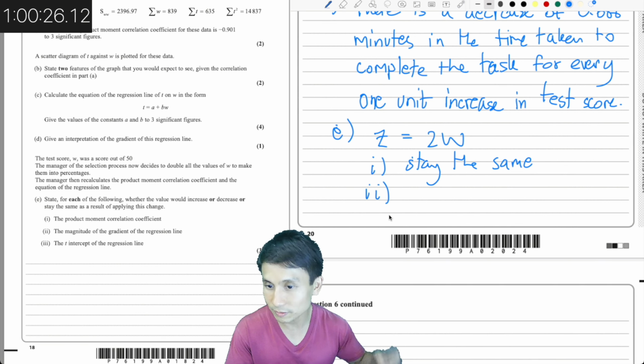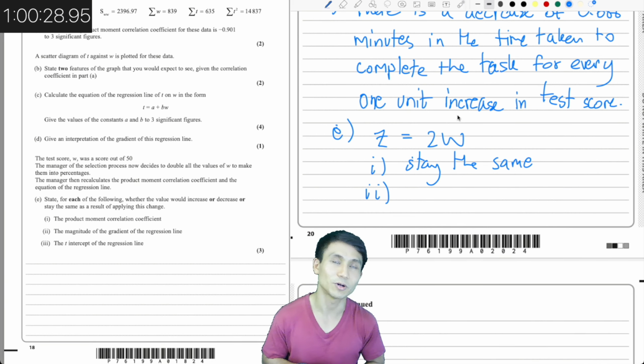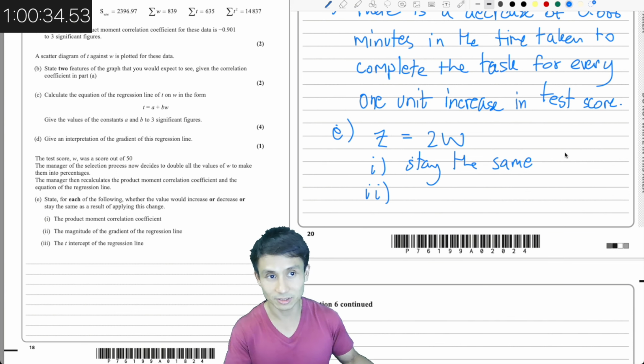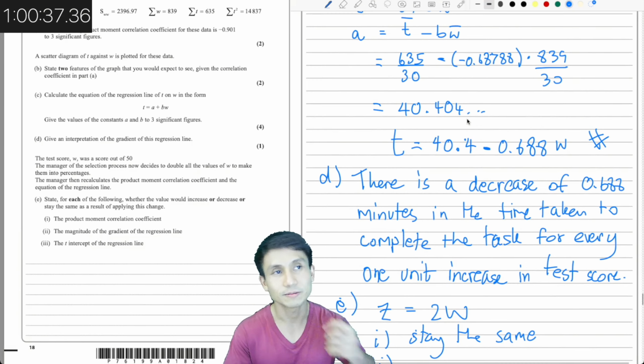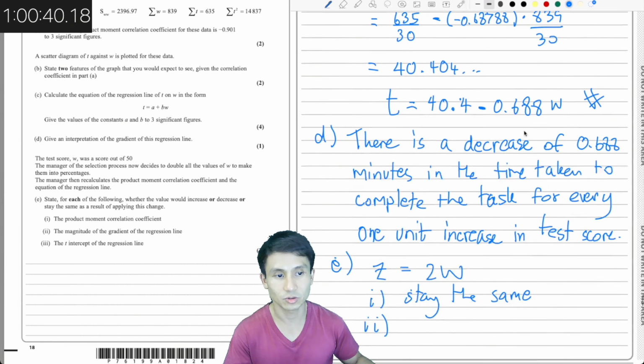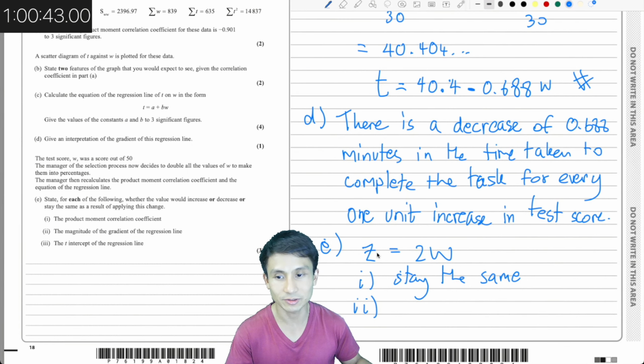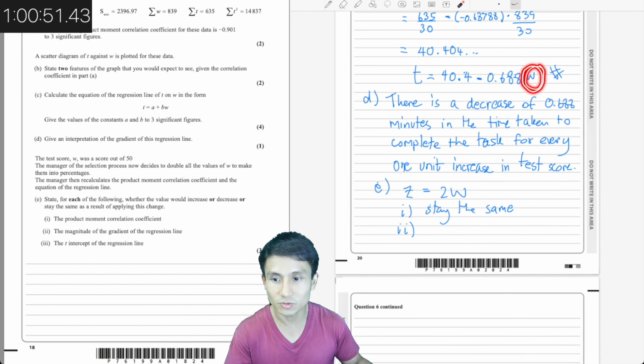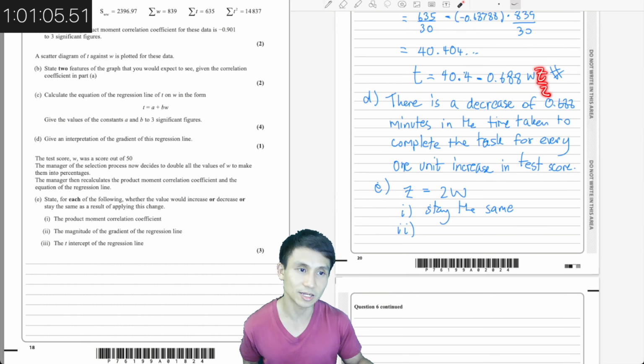And here, the second one, the magnitude of the gradient of the regression line. Well, the gradient might be doubled, but let's check actually. If we apply Z equals 2W here, then W is Z over 2, so we're going to use Z instead.